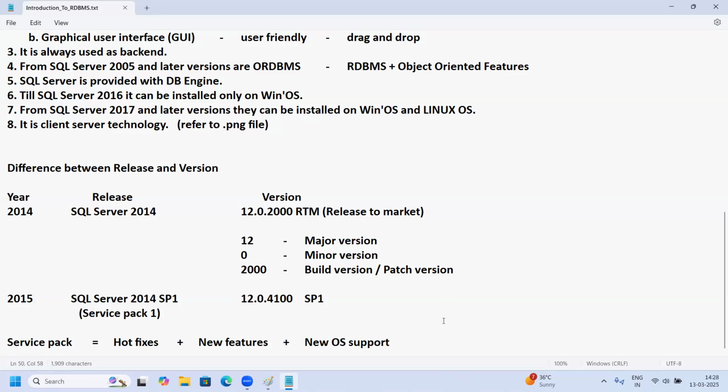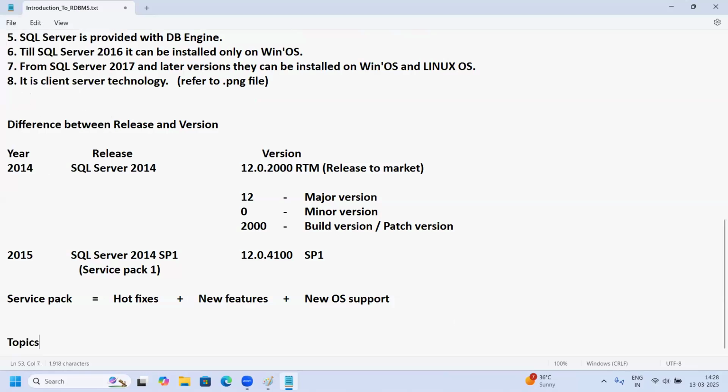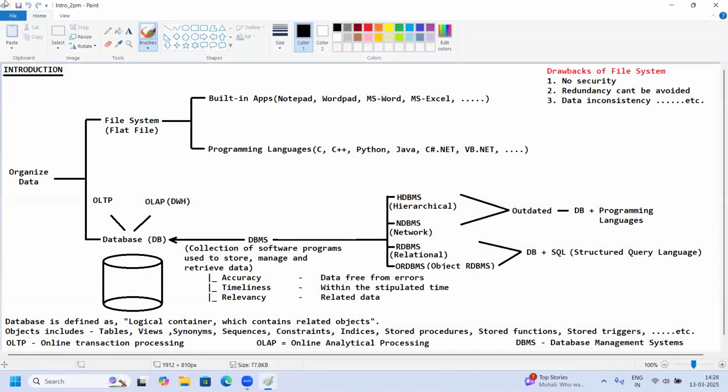Now, today, the next thing we'll study is about topics introduced in SQL Server. Especially, I'm talking about development. Right? And I'll draw a picture here. Refer to the .png file. Let's come.